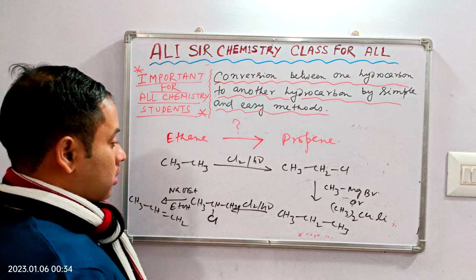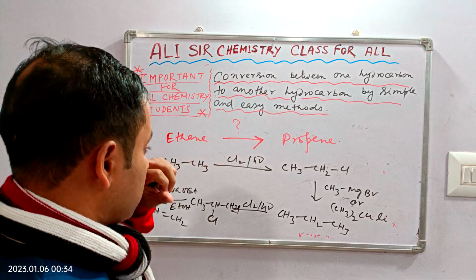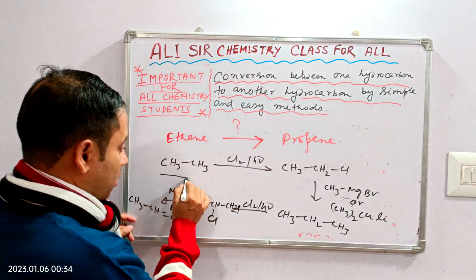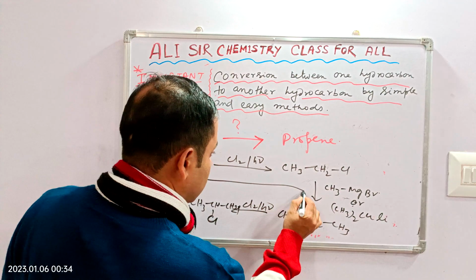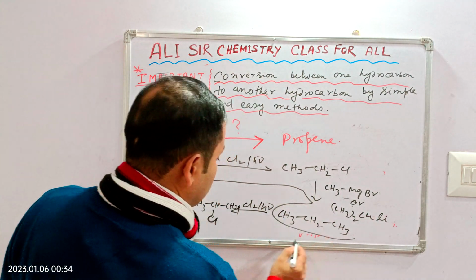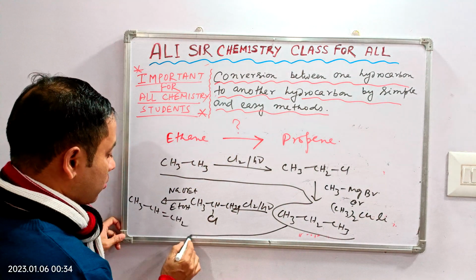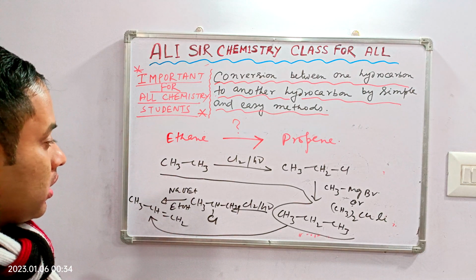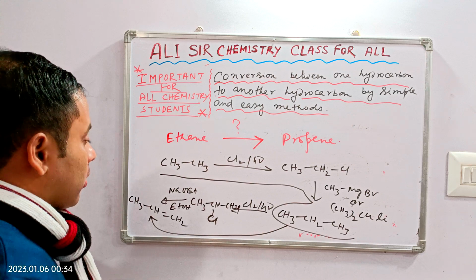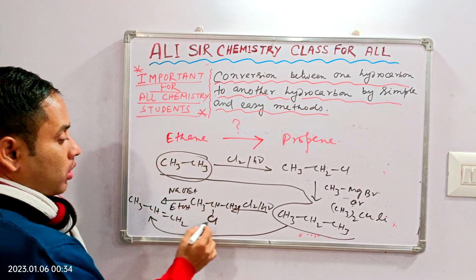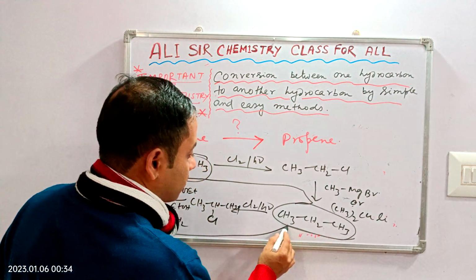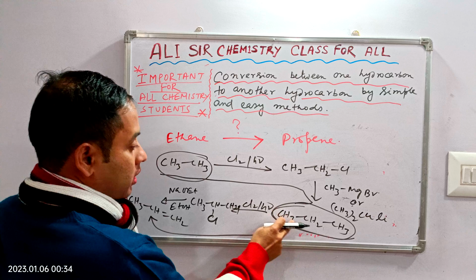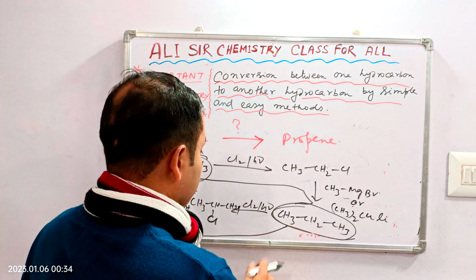So this conversion is the addition of two conversions. One is lower alkane to higher alkane, and then alkane to alkene. This is the addition of two types of conversion. One is conversion of lower alkane to higher alkane. Higher alkane means the number of carbon atoms here is 2, that's why we call it lower alkane, and then here it is 3, that's why we call it higher alkane.